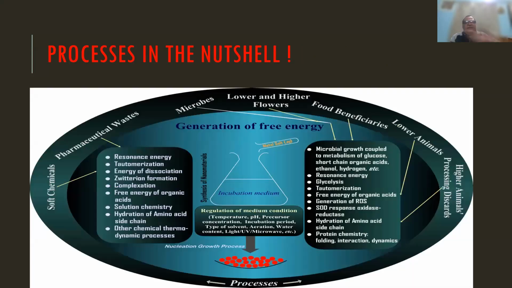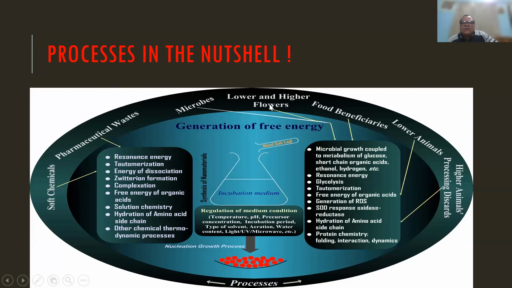So in a nutshell, these are the procedures I have shown here. You take soft chemicals, you take pharmaceutical waste. We consider organic acid and expired pharmaceuticals both as soft chemicals. And these are the phenomena, the procedures accomplished, that ensure the delivery of nanomaterials. Generation of free energy is at the center.